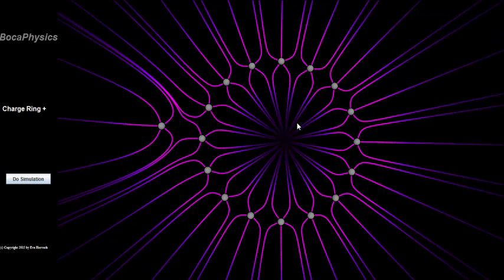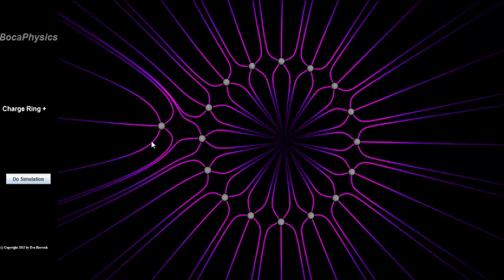In the 8th simulation, we add an additional positive charge that lies outside the ring. Once again, an indication of the magnitude of the electric field is given by color, brighter pink representing greater magnitude and violet representing smaller magnitude. Notice how the presence of the additional positive charge distorts the field.